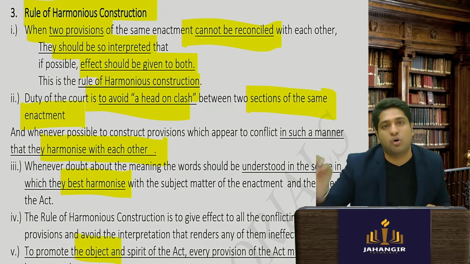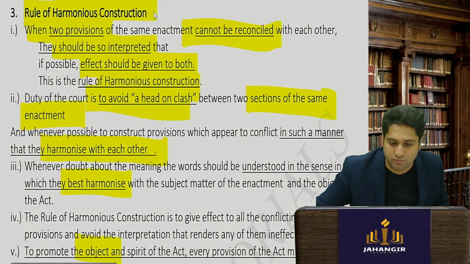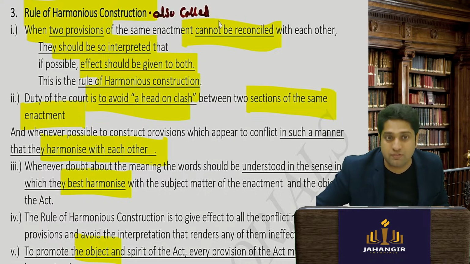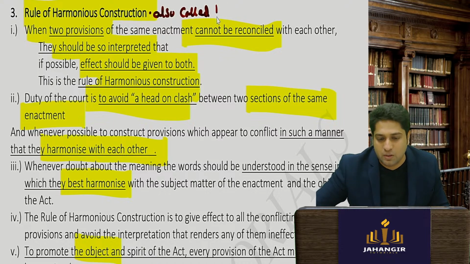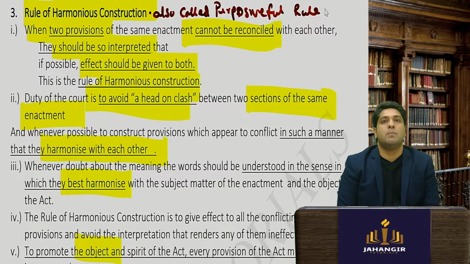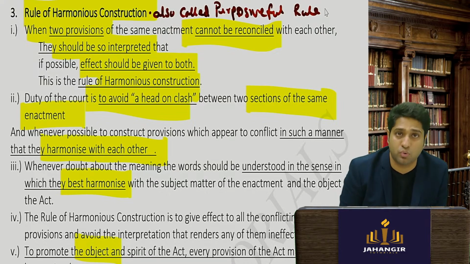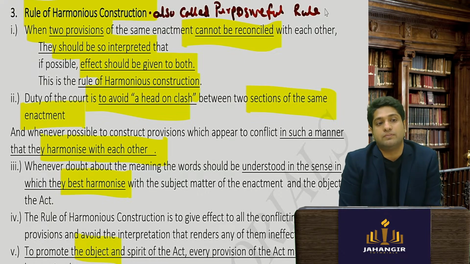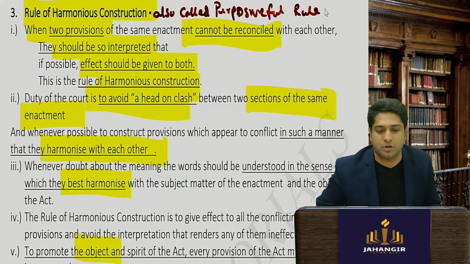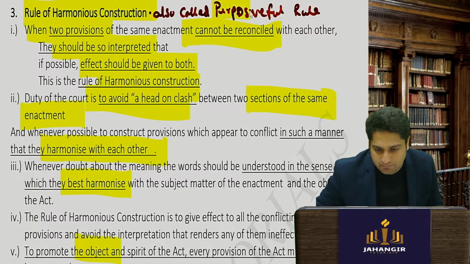I want all of you to write it there, it is also called the purposeful rule of interpretation. They had asked in the exam "purposeful rule" and many students couldn't know. So harmonious construction and the purposeful rule are the same.